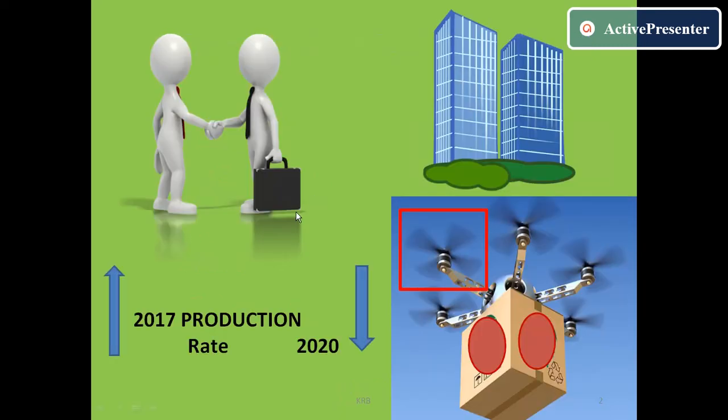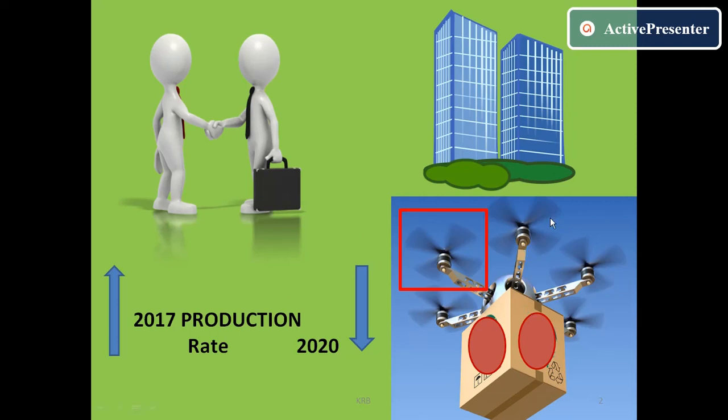Say you are a developer in an organization and the stakeholder has given you the critical task to solve a problem in the product because of which the production rate has decreased. Say there is an organization producing drones for delivering objects from one location to another.